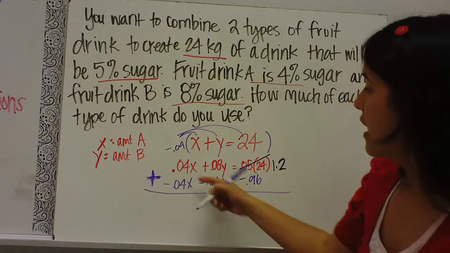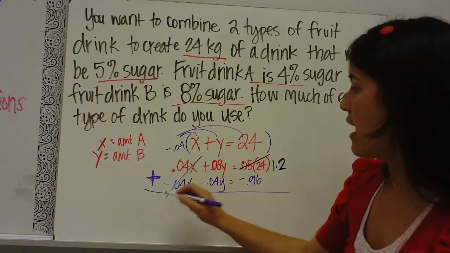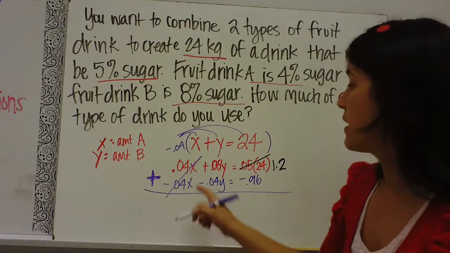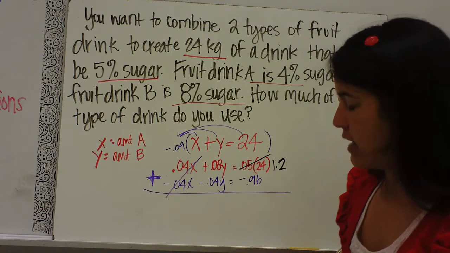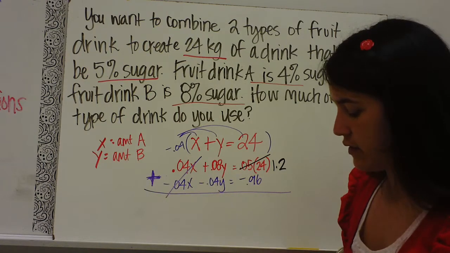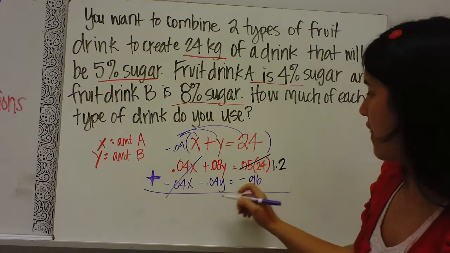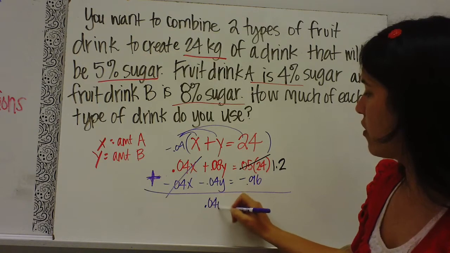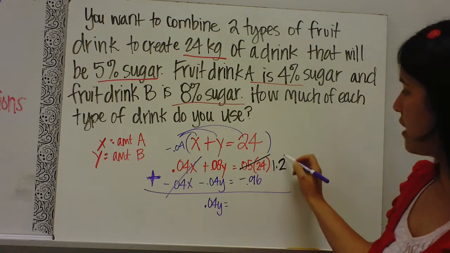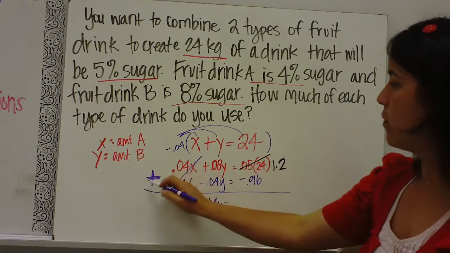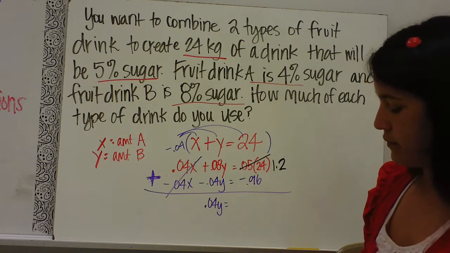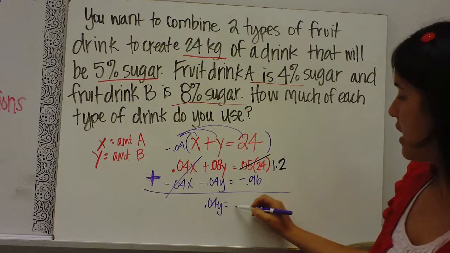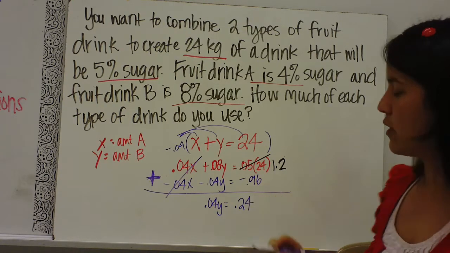I can see that my x's are going to eliminate because I have a positive and a negative. Now I'm going to add 0.08 plus negative 0.04, and that gives me a positive 0.04y, and then 1.2 plus negative 0.96 gives me a positive 0.24.